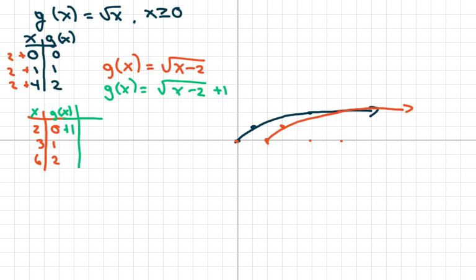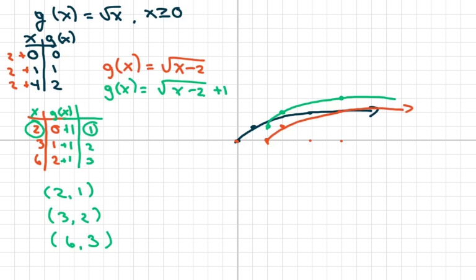So if I add 1, I'm going to get 1, 2, and 3. So basically I can plot these points: 2, 1, 3, 2, and 6, 3, and you're going to get your graph. And there is your graph.